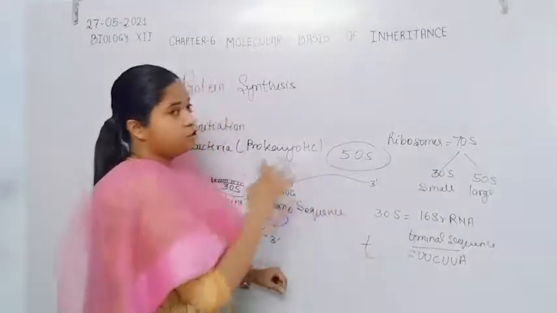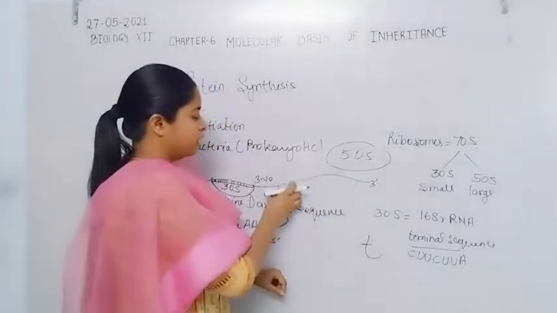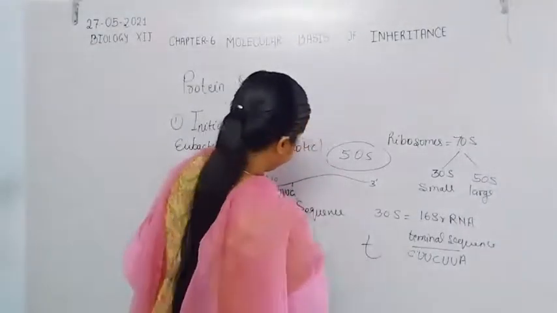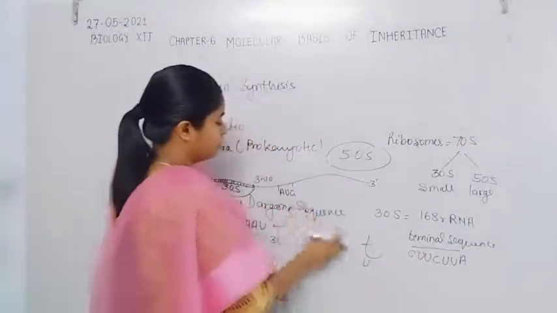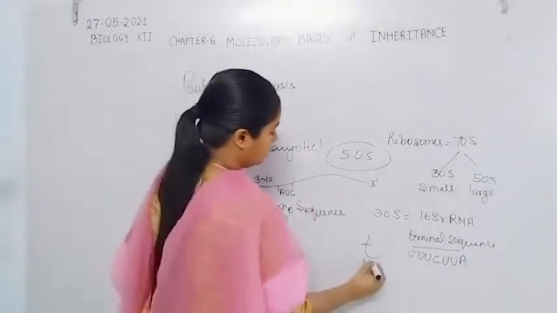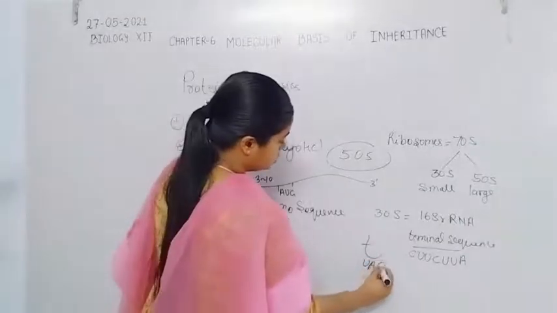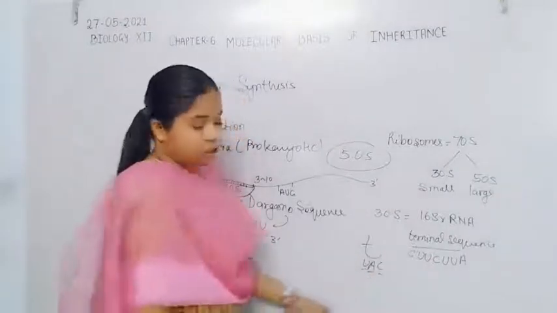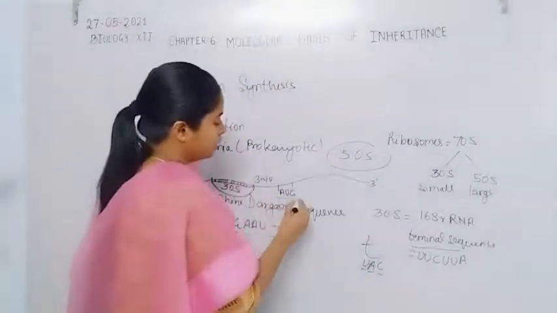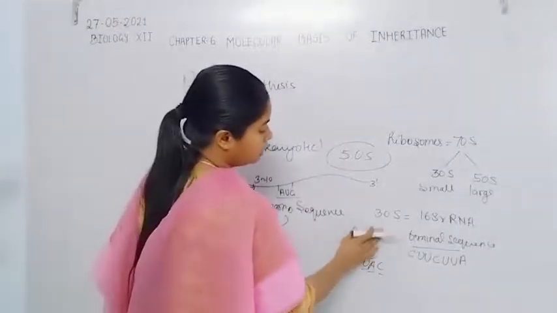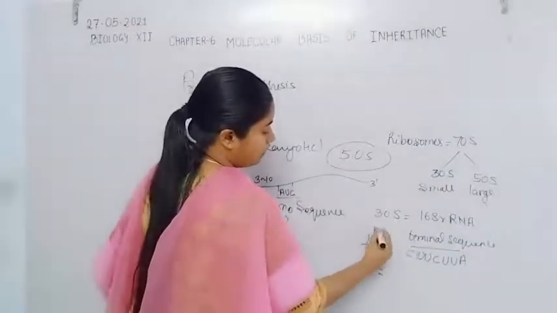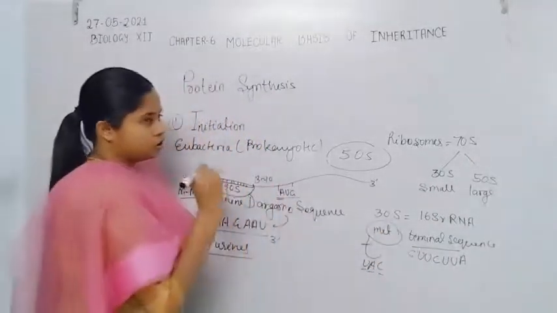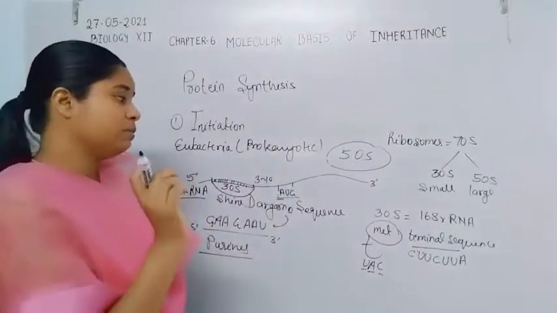The anticodon present on the tRNA is UAC. So only the tRNA that has the anticodon UAC binds to the AUG, with the methionine amino acid, because the initiation codon codes only for methionine tRNA.